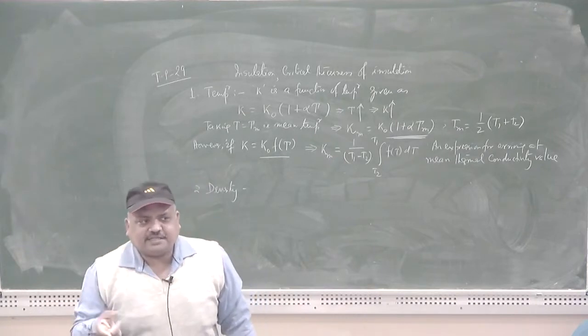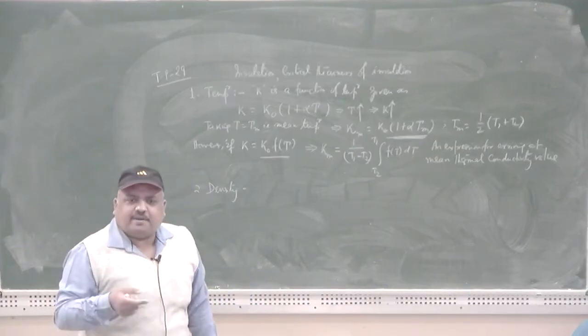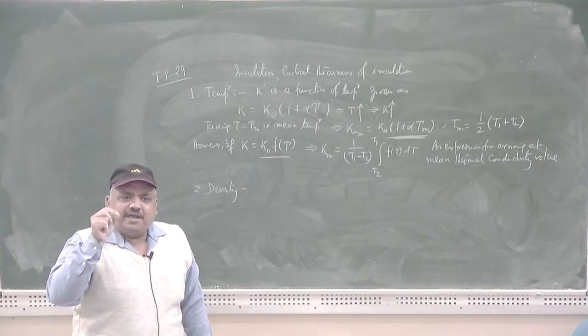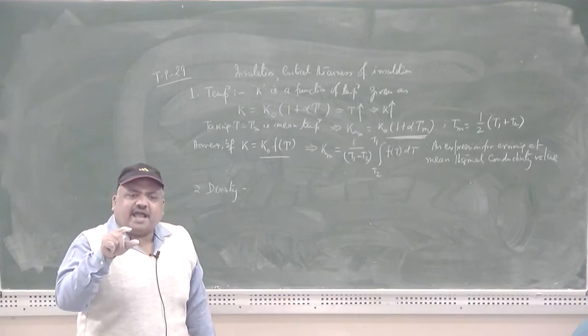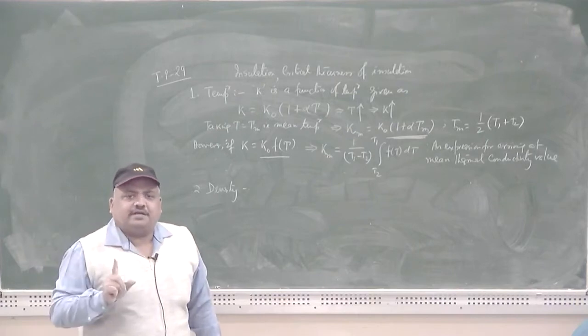However, in the case of some of the powdery and some of the fibrous materials, there is a value of density at which that material has a lowest value of thermal conductivity.